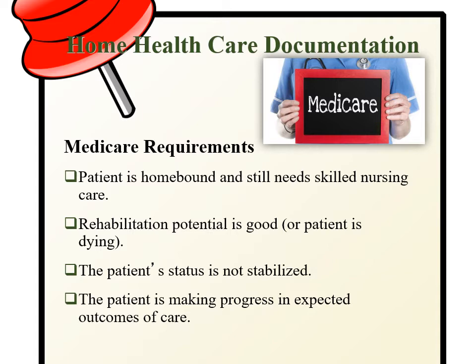So OASIS represents core items of a comprehensive assessment for all adult home care patients. The OASIS forms the basis for measuring patient outcomes for purposes of outcome-based quality improvement.